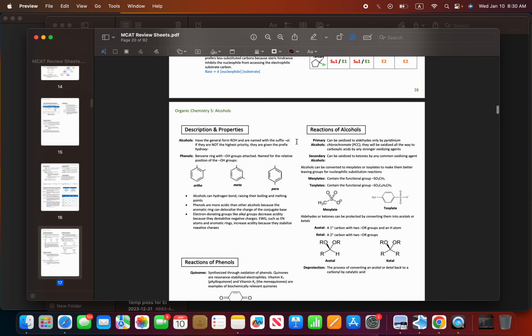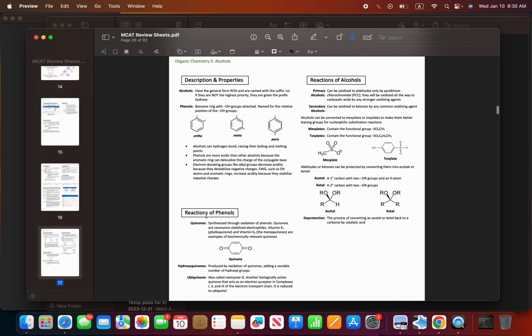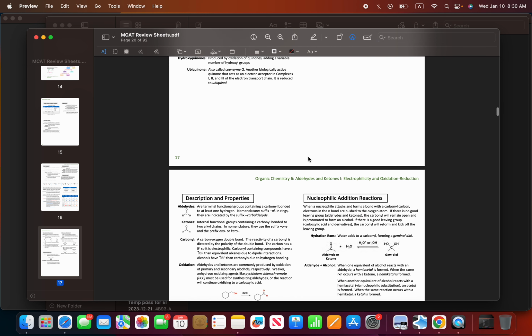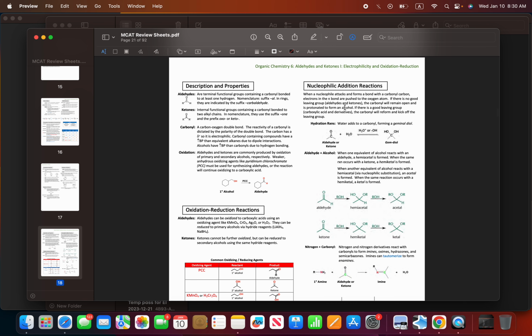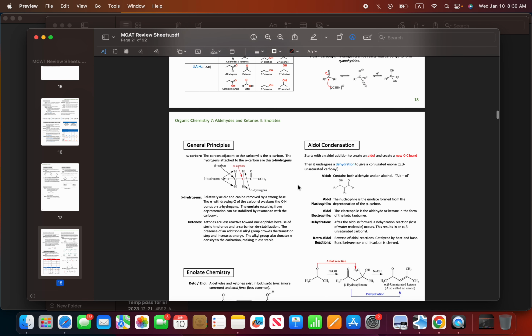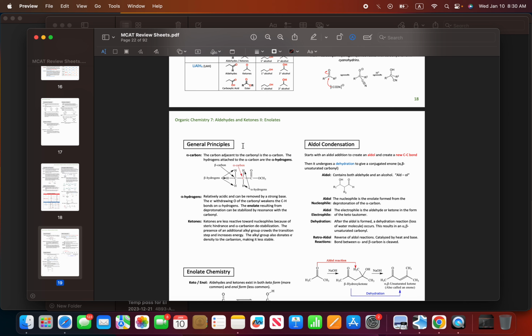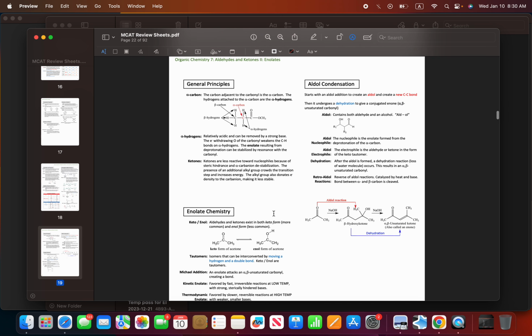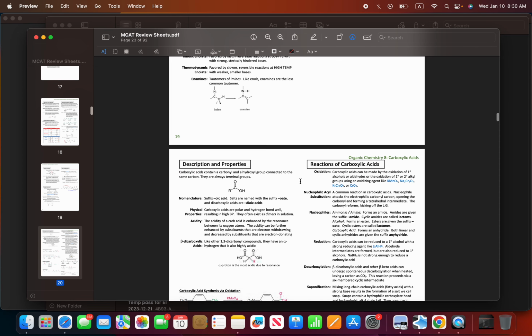Then we have alcohols, that would be in still reactions, as you can see here. Then we have reactions of aldehydes and ketones, and then we have aldehydes and ketones again with these reactions.